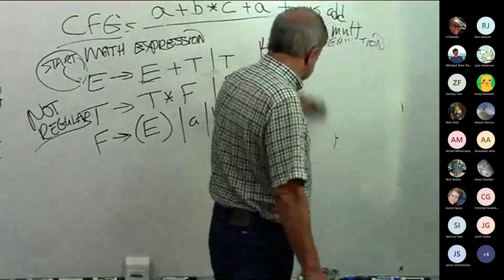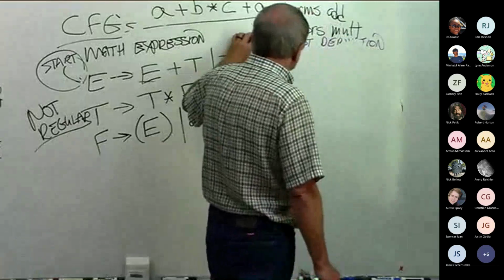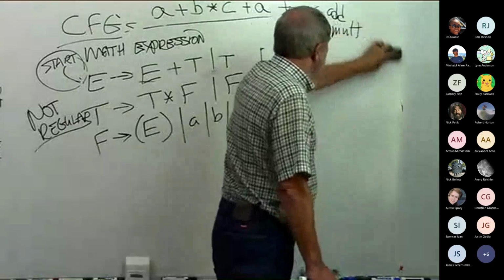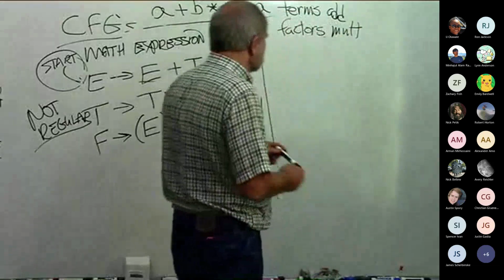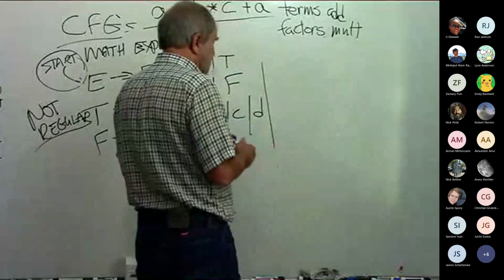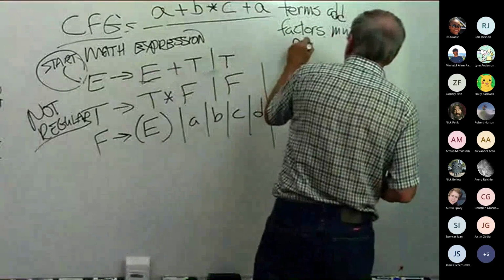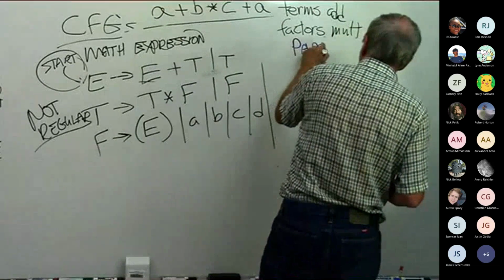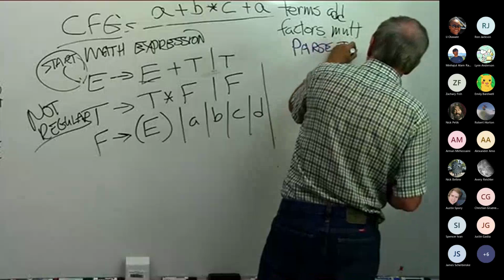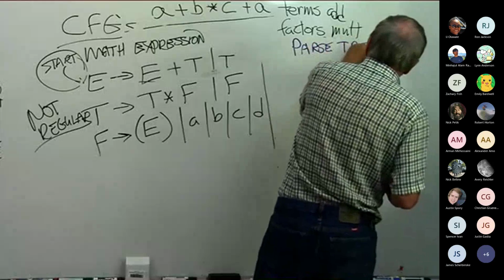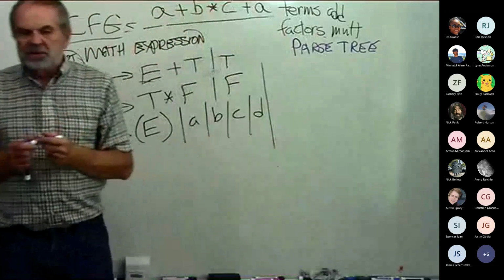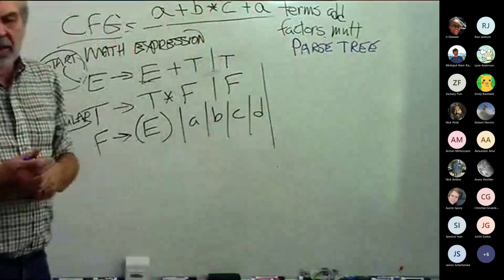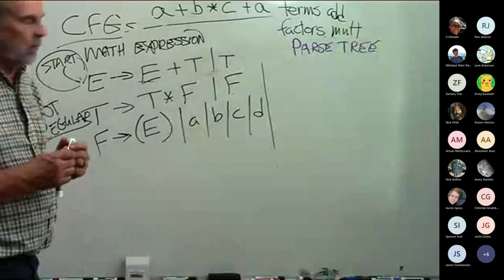So that was a leftmost derivation, and I'm going to give you the parse tree. The parse tree is going to show which rules got applied at each step along the way.